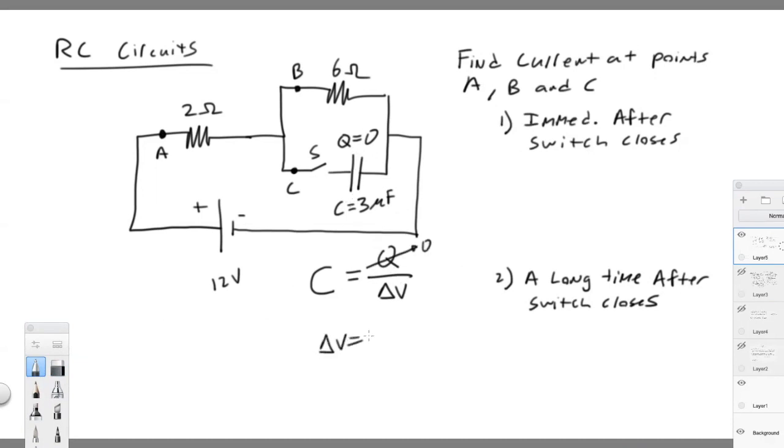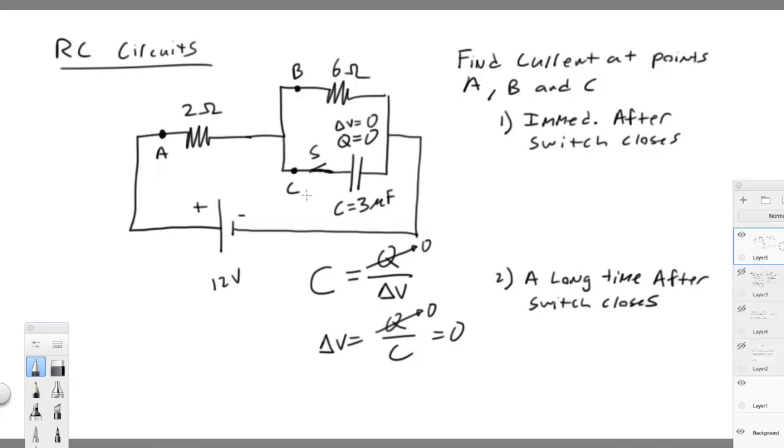Rearranging this equation, voltage is going to be charge over capacitance. If there is no charge on the capacitor, the voltage across the capacitor is also 0, which is going to be important. So immediately after the switch closes, okay, switch closes here.